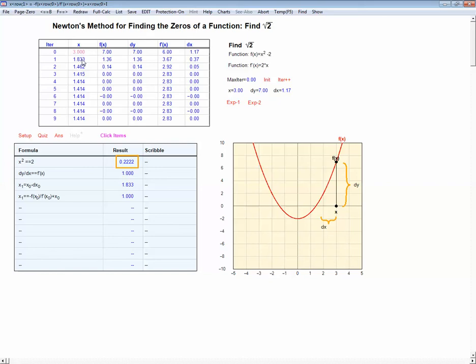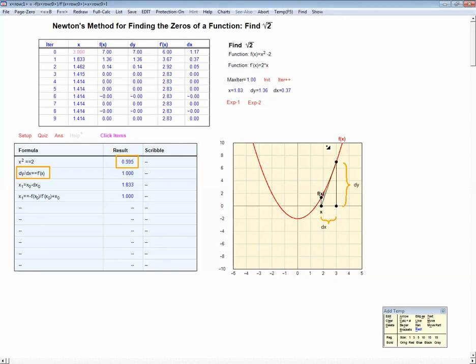The next iteration is going to be whatever we end up with down here. We compute f prime of that x. We use this formula down here to compute dy. To compute dx, we know dy, we know f prime, so we solve this for dx. That tells us how much we have to change our x by to get the next iteration.